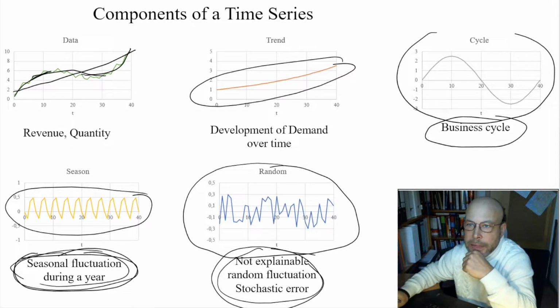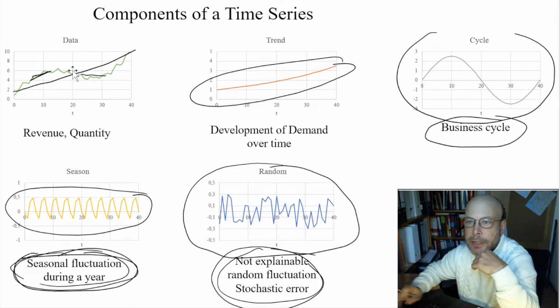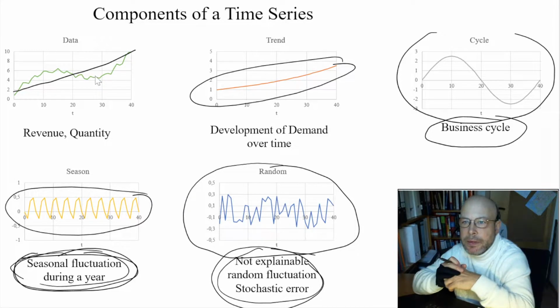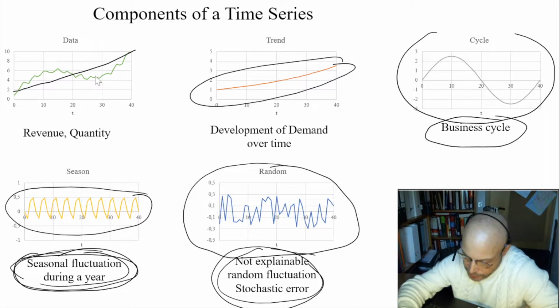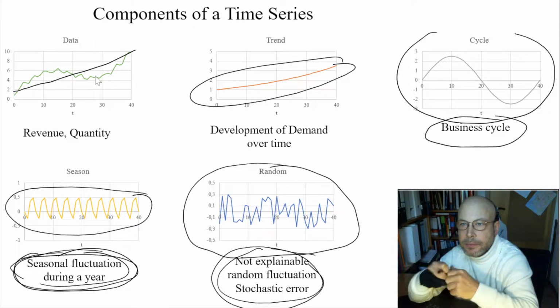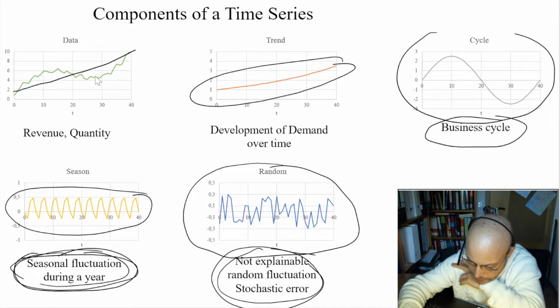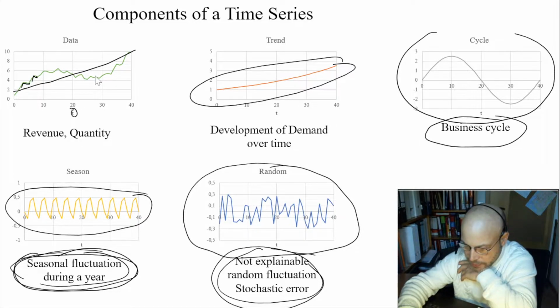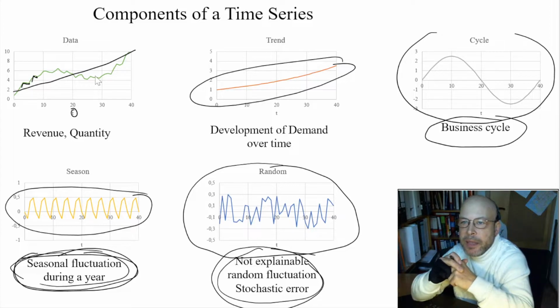Then we can maybe see here some data repeating within a year, so that we are always going up, going down, going up, going down, if we interpret time t maybe as monthly or quarterly data.